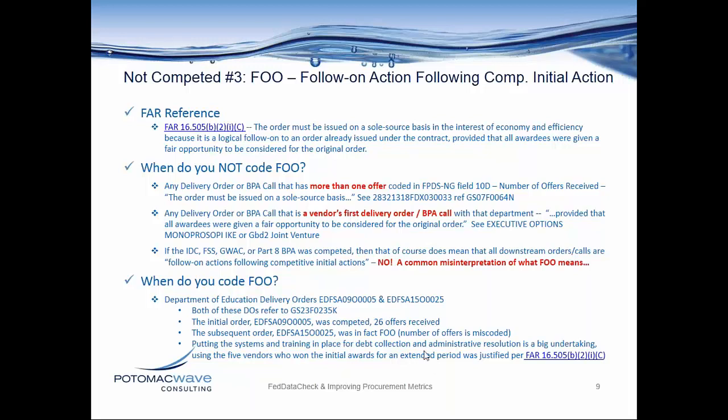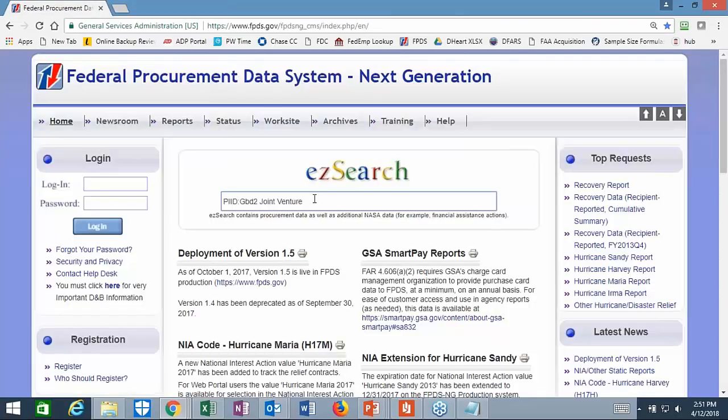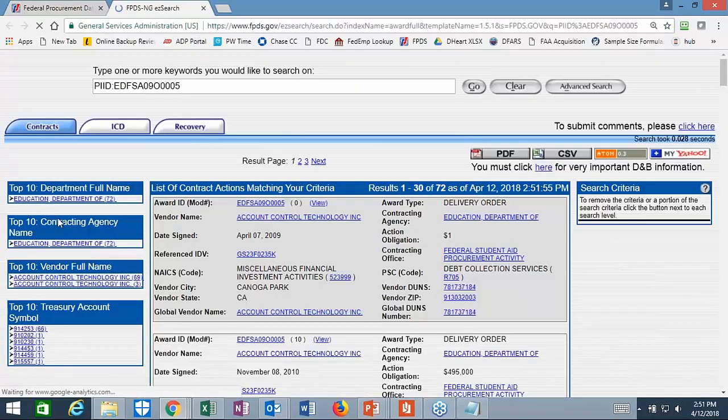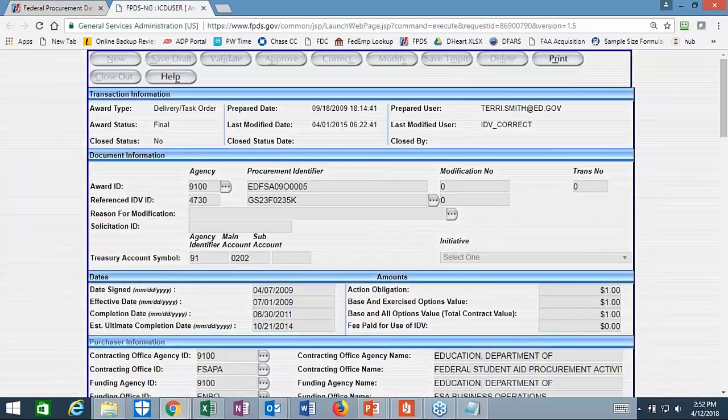Okay, let's look at it. That should be the right one right there. Yep, debt collection services. So the Department of Education, do we have anyone from Education? If you could raise your hand.